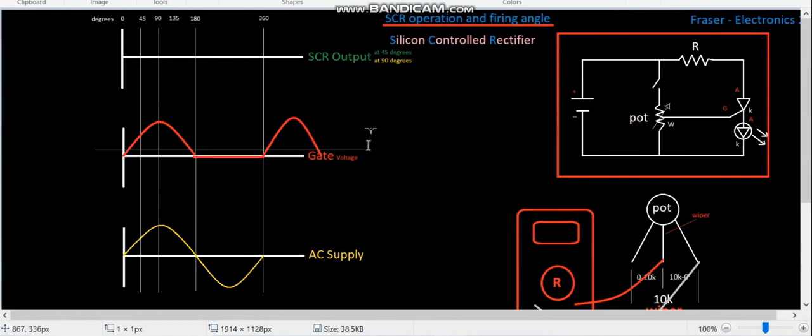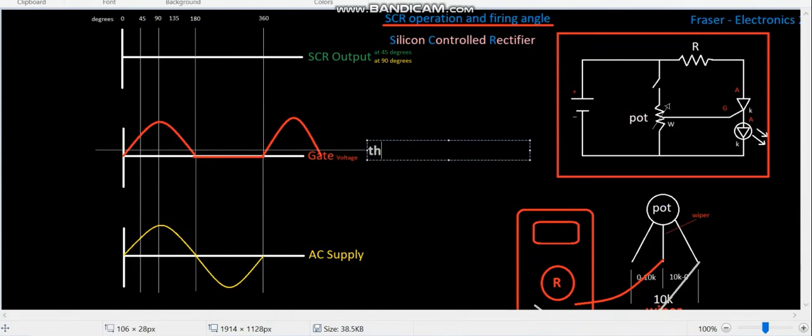So that's the threshold of the voltage and the current that I have to apply into the gate, because it's just a PNPN device. Depending on which one you have, it will have a different threshold. Some are 0.1 and some are 0.5 of a volt, so either way it's still less than a standard rectifying diode.